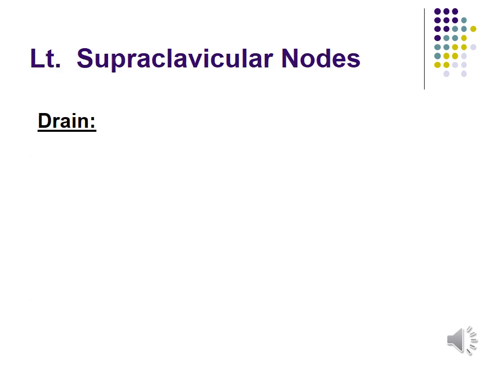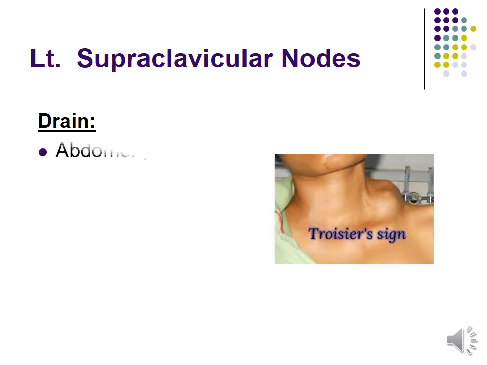Left supraclavicular lymph nodes are called the nodes of Virchow, as we will see later. It drains malignancy from the abdomen and GIT. What's the mechanism it drains malignancy from the abdomen?